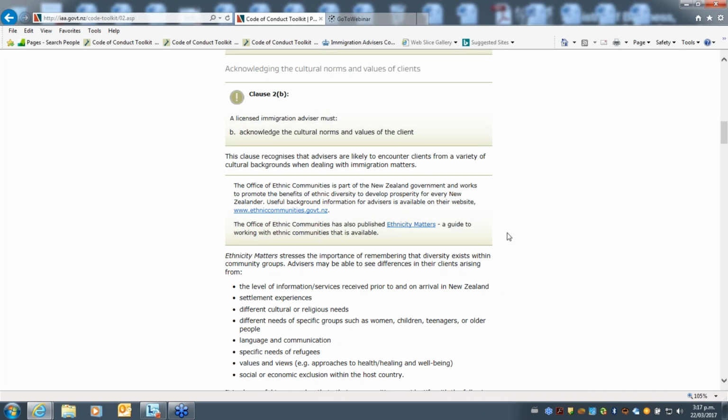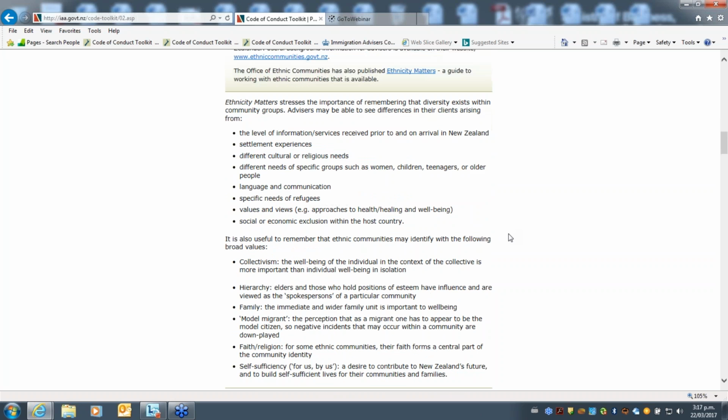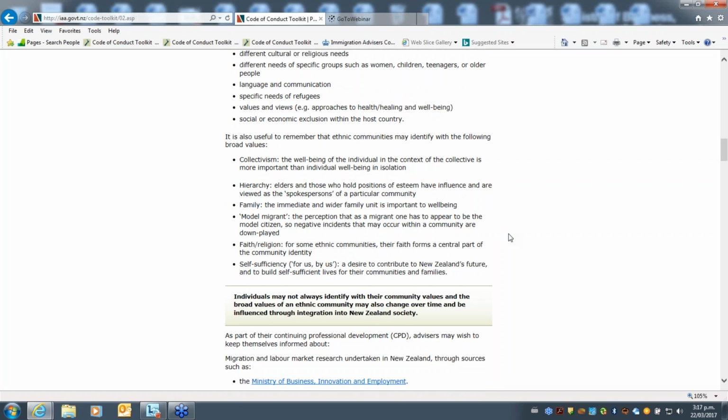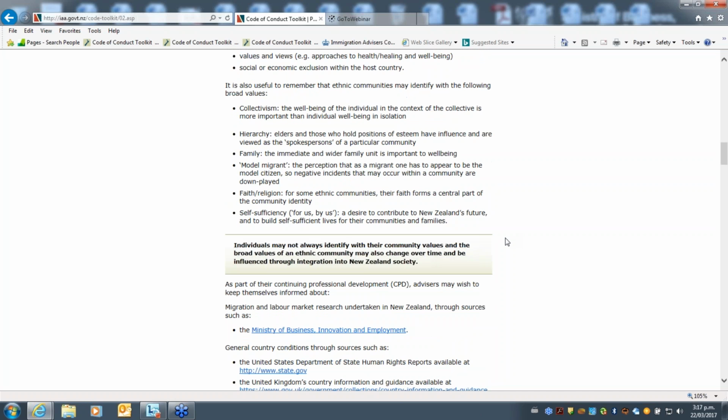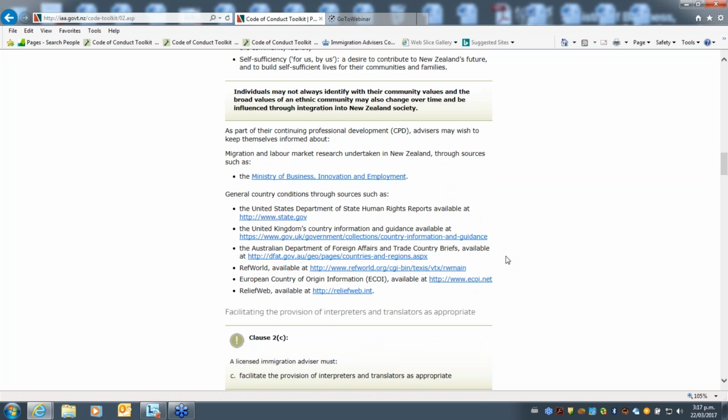So it's important that you are able to acknowledge that and appreciate it. And there is some information here in the toolkit which I'm not going to go over now, but you might like to come back to. You may not always identify with the particular values that your clients have, but it's important that you are able to be aware of them.